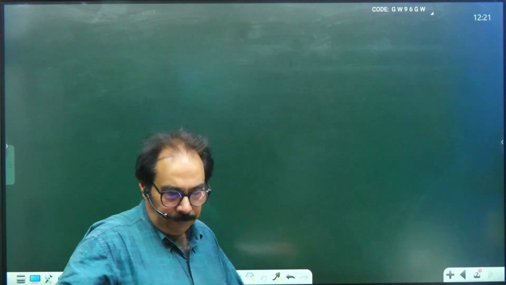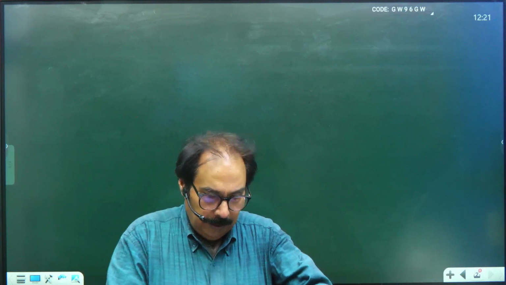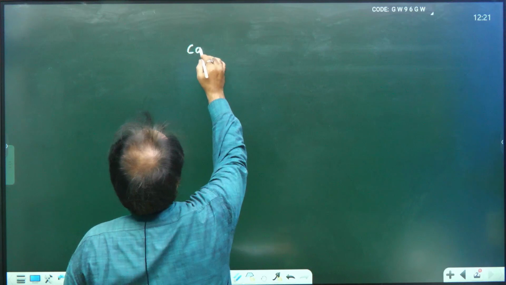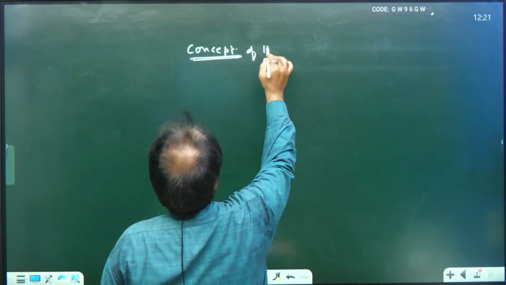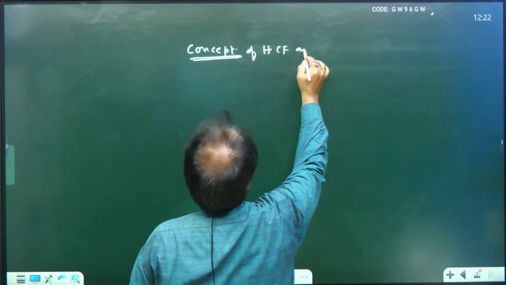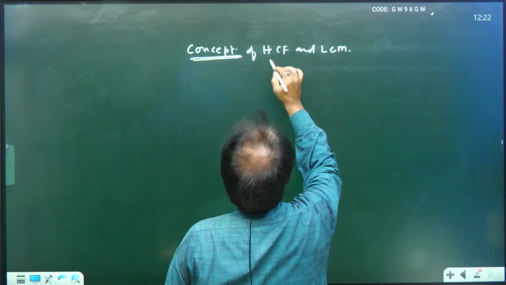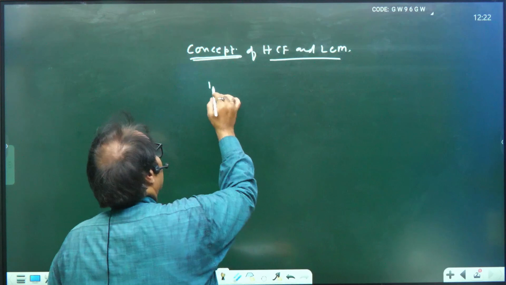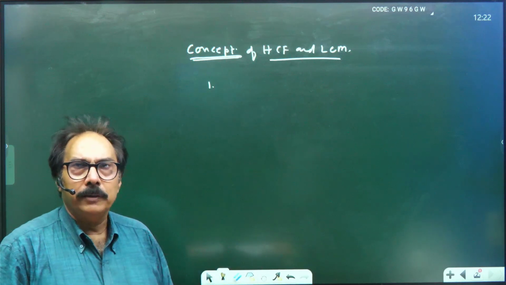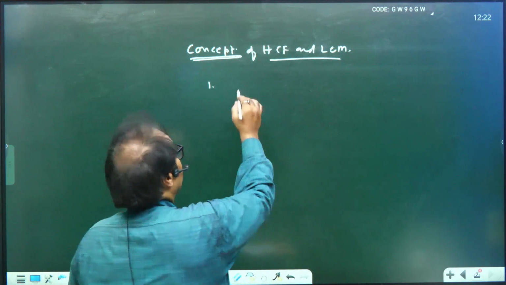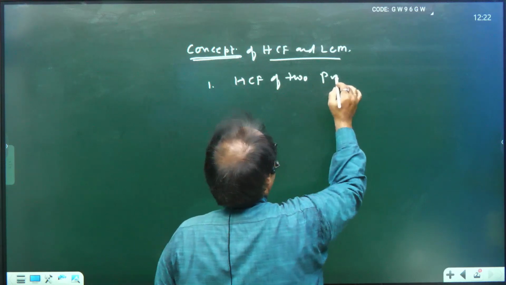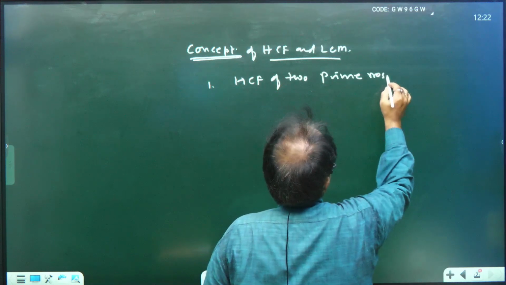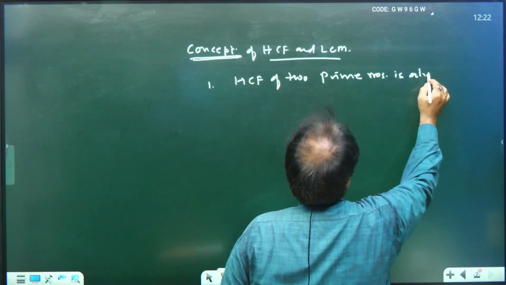Now, another few concepts regarding HCF and LCM. The HCF of two prime numbers is always 1.